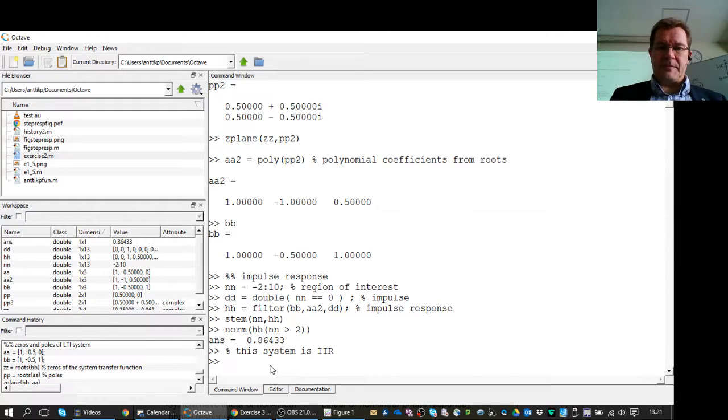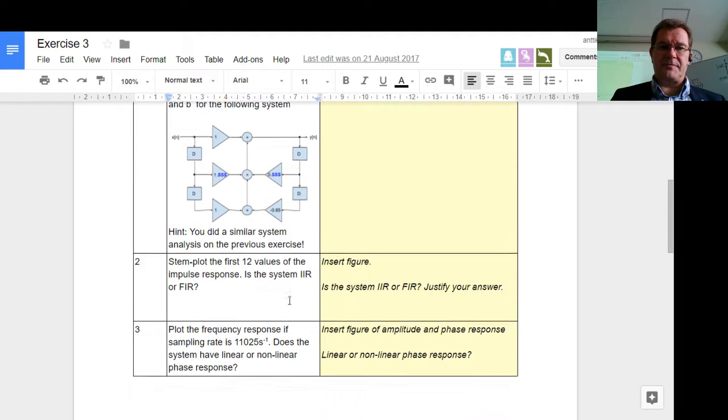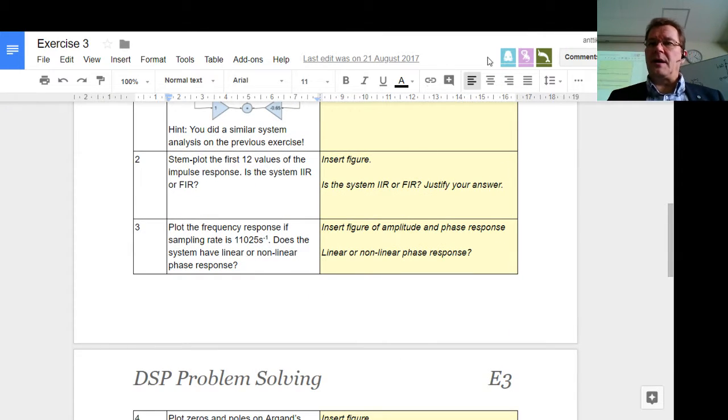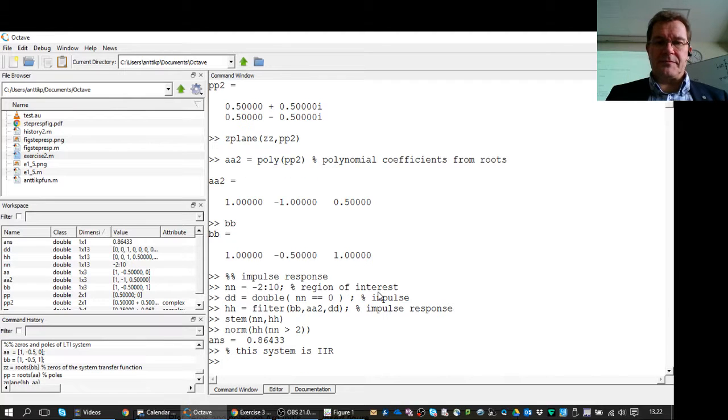Okay, next step would be to calculate the frequency response. And for the frequency response to make any sense, we need to set up the sampling time.